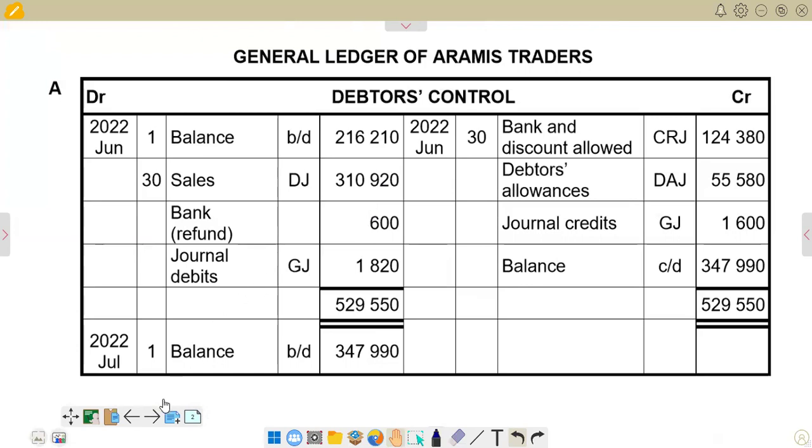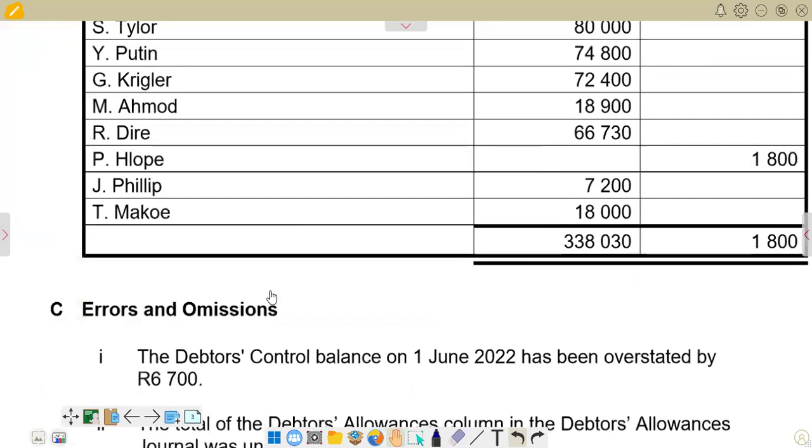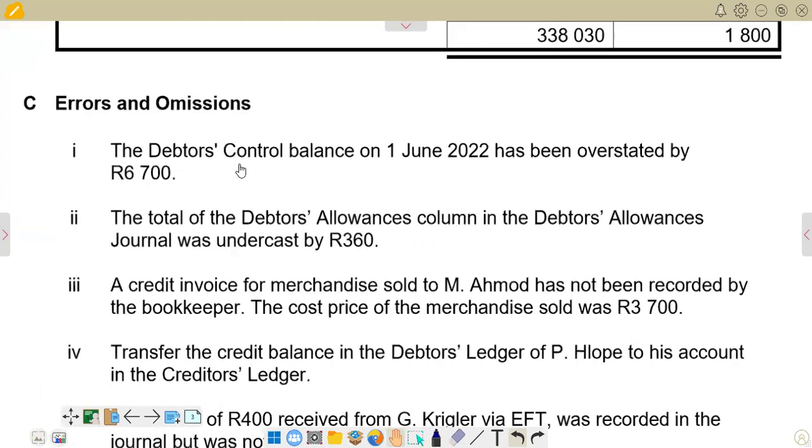We also have some information B, which is the list of debtors at 30 June 2022, where we are given the columns for debtors, the debit, and the credit. These are the balances that we have for the individual debtors accounts in the list of debtors. Beneath that, we are also given information C, where we have errors and omissions.